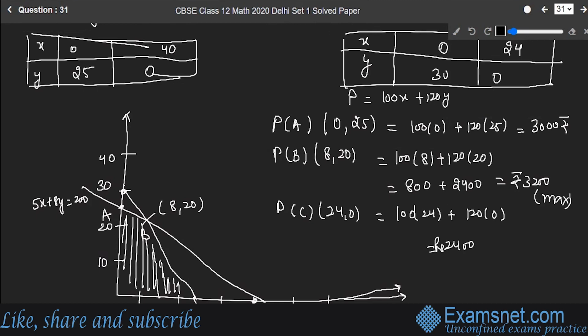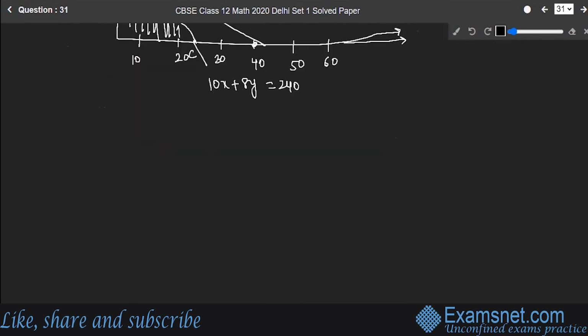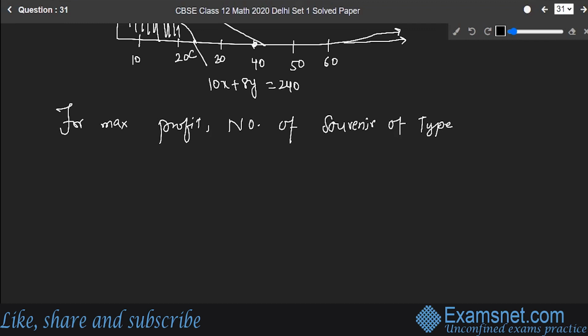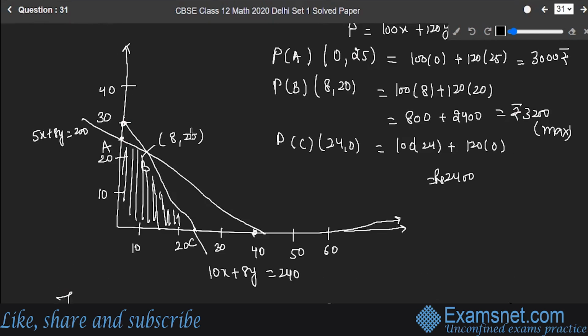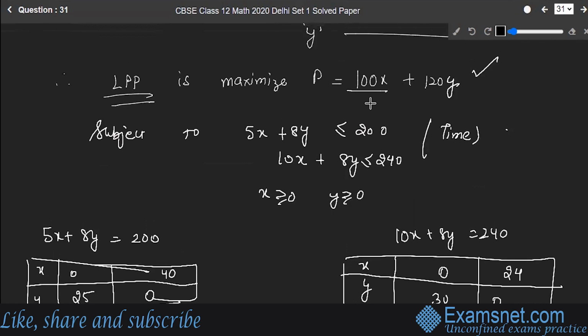So for the maximum profit, the number of souvenirs of type A will be 8 and of type B will be 20, right? Because this was the point 8 comma 20. Hope you understood that. This is the answer to the question.